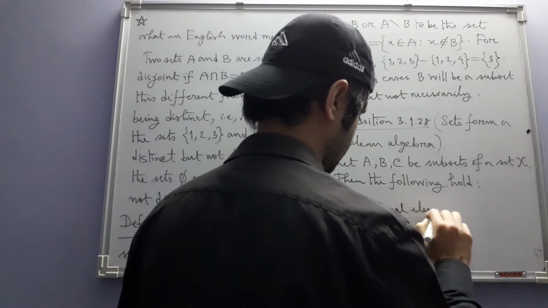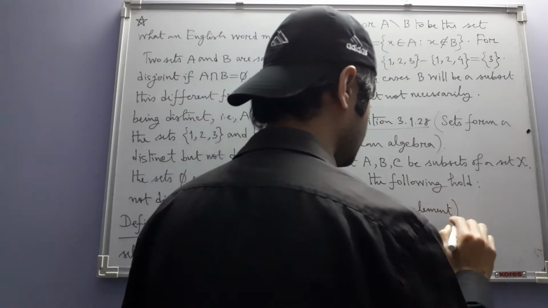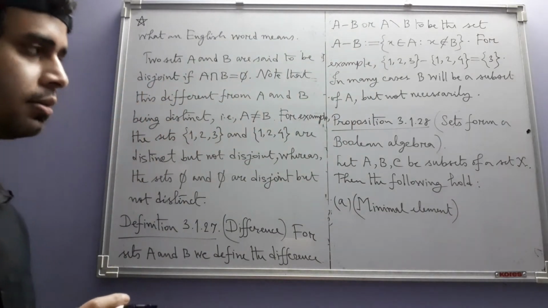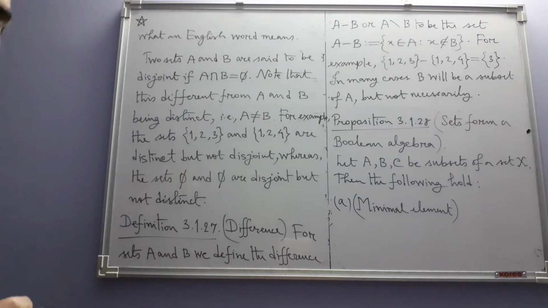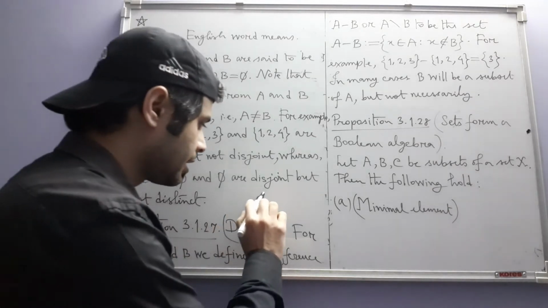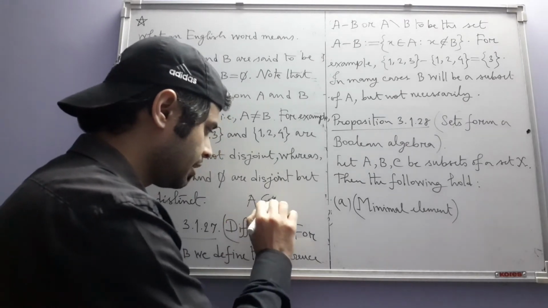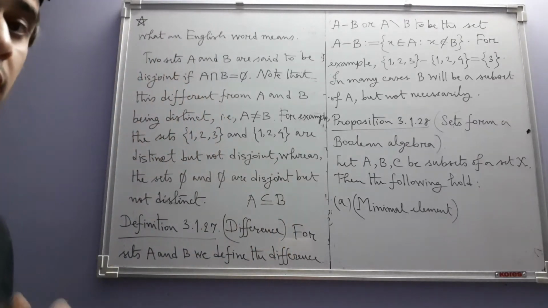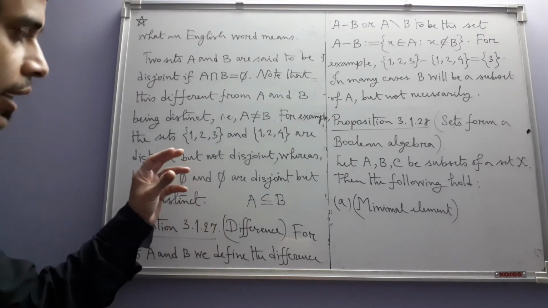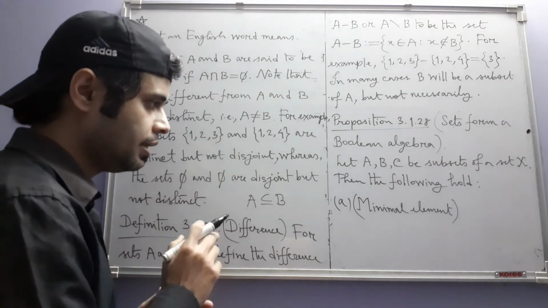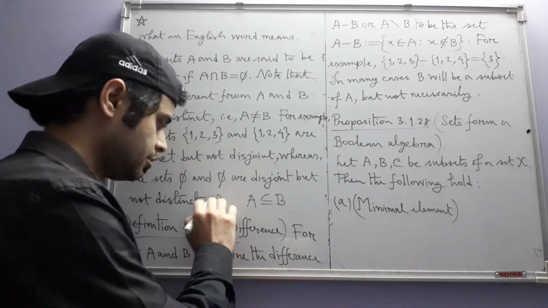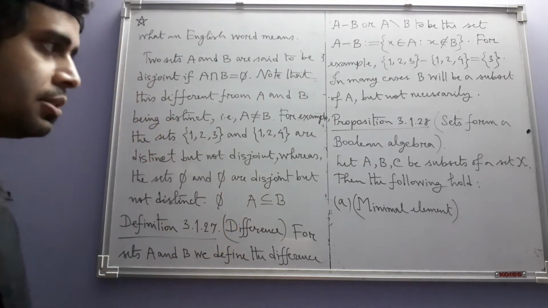Minimal element. Recall that result which says that sets are partially ordered by inclusion. So it's a partially ordered set, although I haven't said anything about partially ordered sets. But in the sense that if I have A as a subset of B, then A is in a sense less than or equal to B. A is inside B. In that sense, there is only one minimal element, which is the empty set.